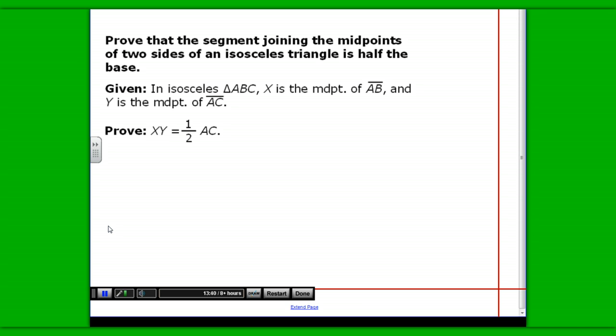So in isosceles triangle ABC, X is the midpoint of AB and Y is the midpoint of AC. So prove that XY equals half of AC. AC must be the base.